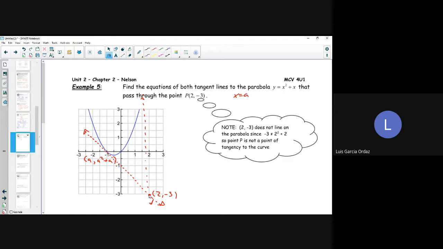So which means that my slope, we're going to use this as x1, y1, x2, y2, which means that my slope is going to be m is equal to y2 minus y1, so A squared plus A minus negative 3, which is plus 3, all over x2 minus x1.